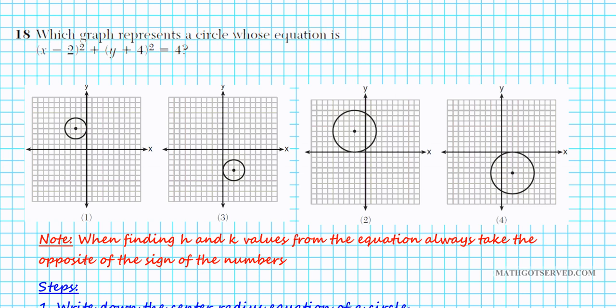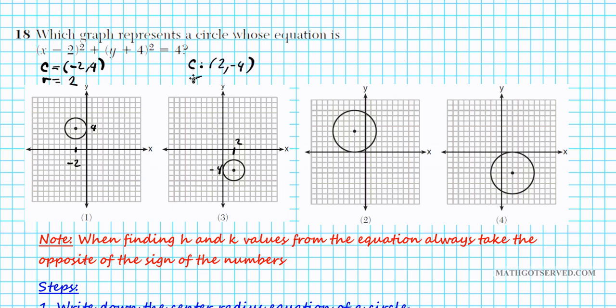For option number 1, the center is (-2, 4) and the radius is 2.